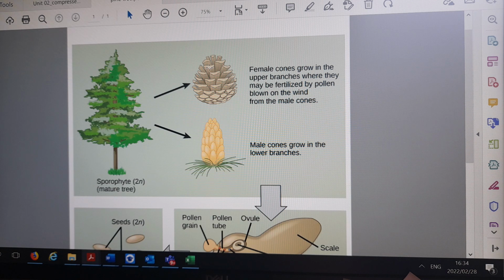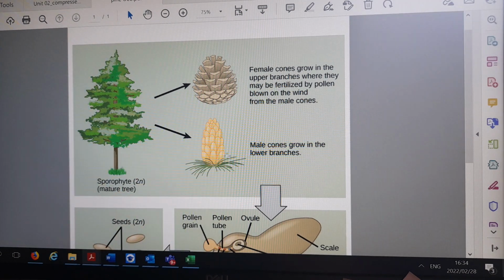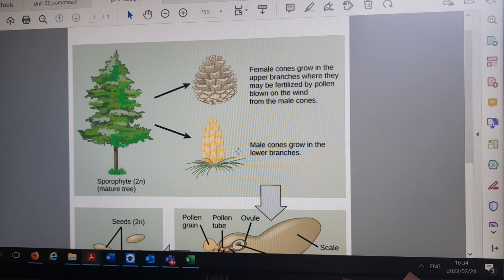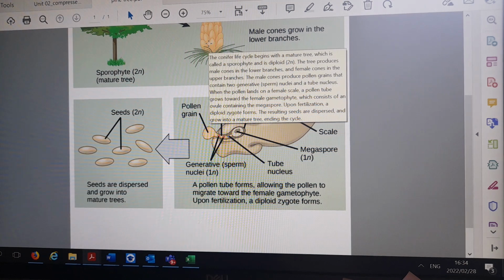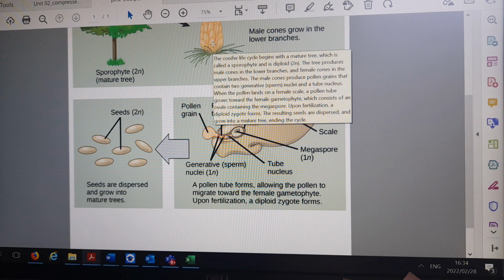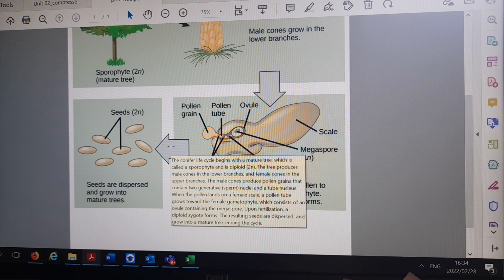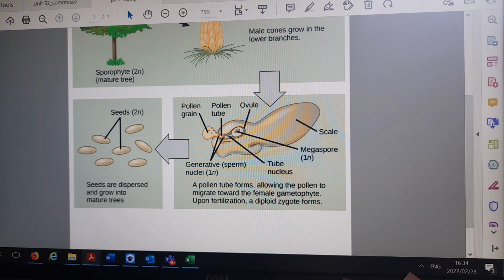And these are the female cones, but this one has already opened up. Now when there is wind, the wind will blow pollen out of this male cone. The pollen will be blown up from the male cone and transported to the female cone.